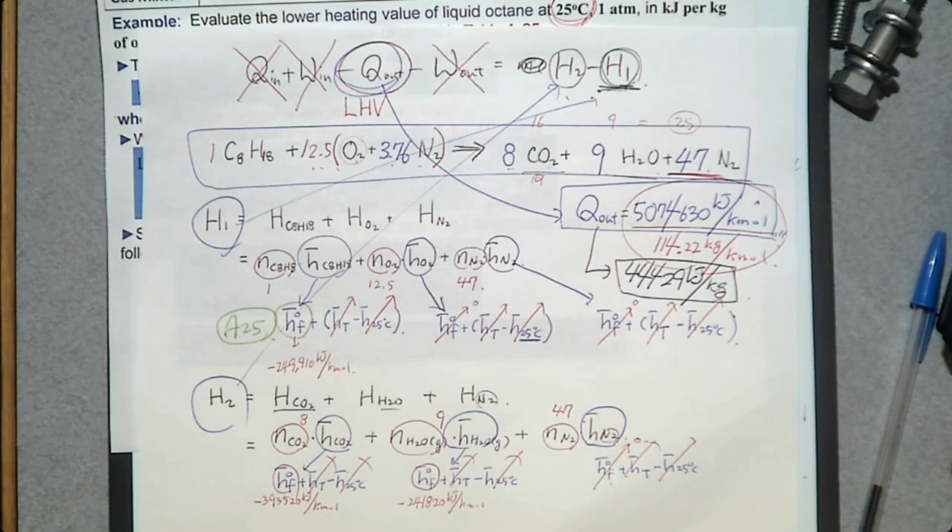When the final product has water vapor, less heat is released. That's a lower heating value. So lower heating value means you assume the final product has water vapor. Higher heating value means you have liquid water in the product.